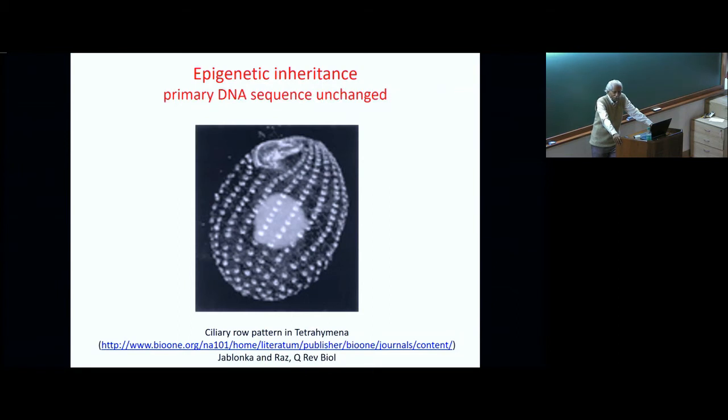So this thing called epigenetic inheritance. Remember, the modern synthesis depends essentially on hereditary traits being ascribable to DNA, and therefore changes in hereditary traits being ascribable, at least to some extent, that's the idea of regression, remember, to changes in DNA.